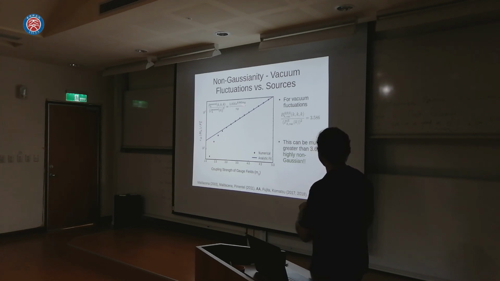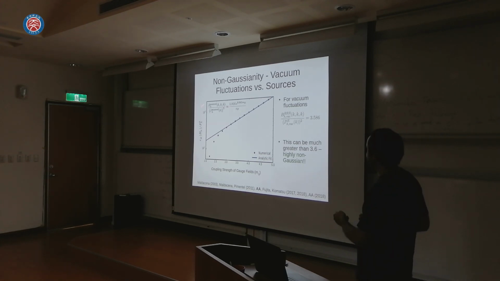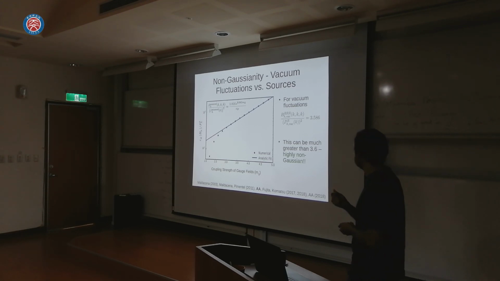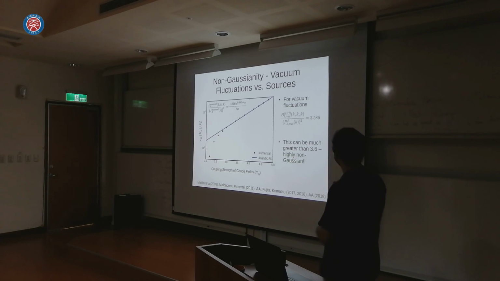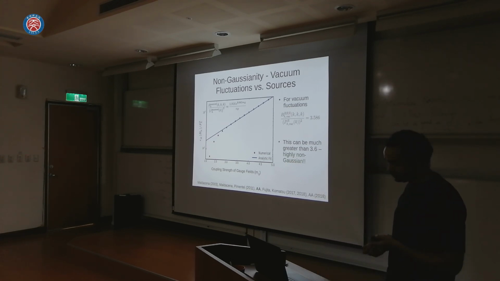This energy density can be very low, like 10 to the minus 6. That means this number can be as large as 1 million for gravitational waves sourced by gauge fields, which is definitely much more non-Gaussian than the vacuum fluctuations.